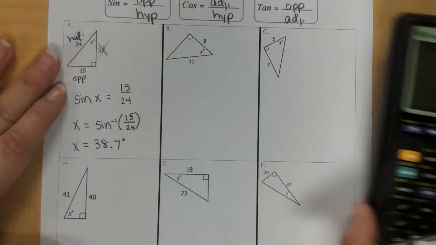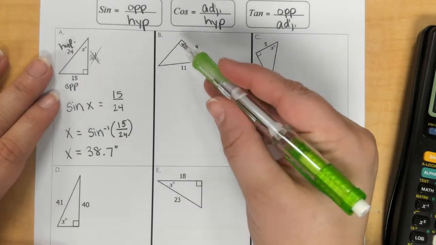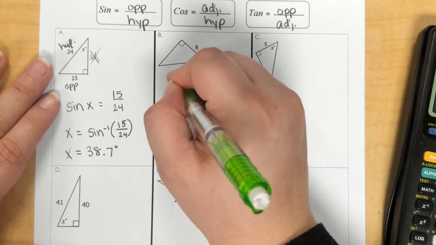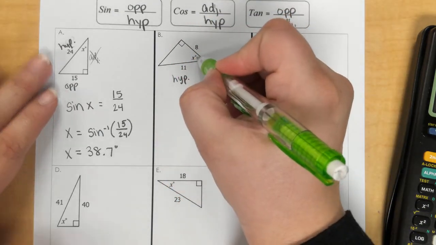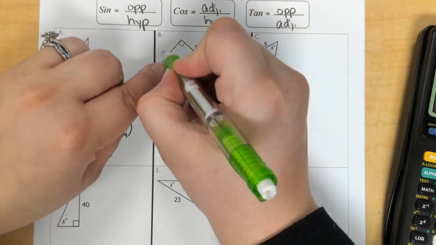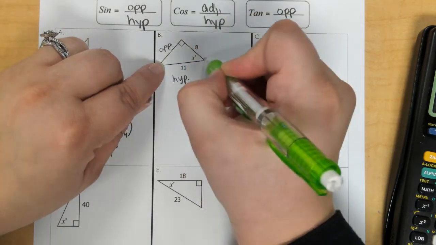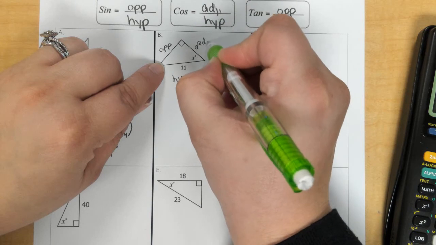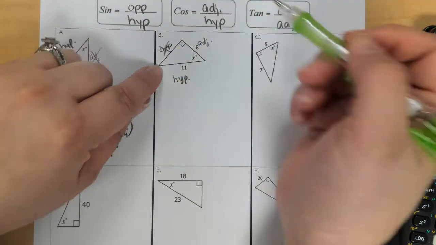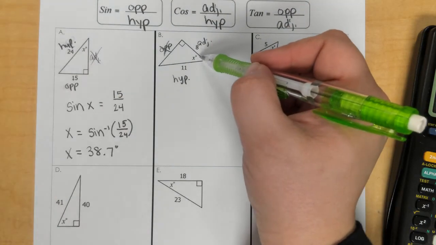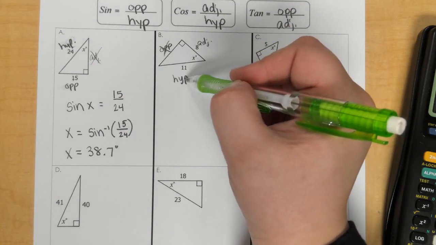For part B, again, across from the right angle is your hypotenuse. From angle x, we have the opposite, and then next to it is your adjacent. And so extra information here would be my opposite. So from angle x, we're looking at the adjacent and the hypotenuse.